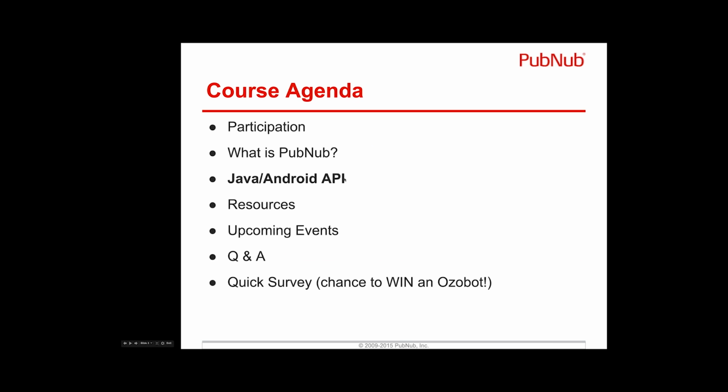Everything that I'm going to go through here today is applicable for Java applications as well as Android. Of course, there are some mobile nuances that we'll cover, but most of this will translate easily into any Java-based application. We'll wrap that up with taking a look at what links are available for resources and mention upcoming events.